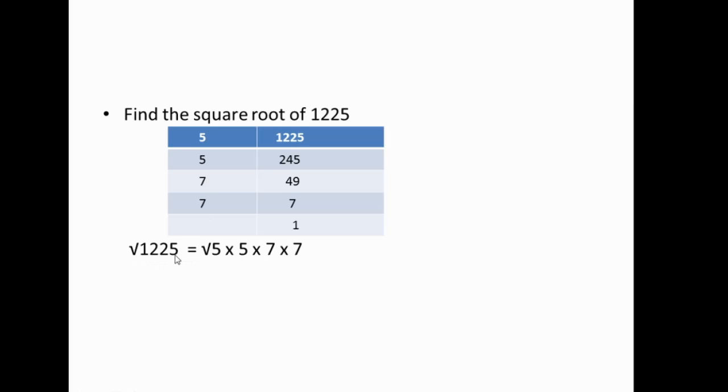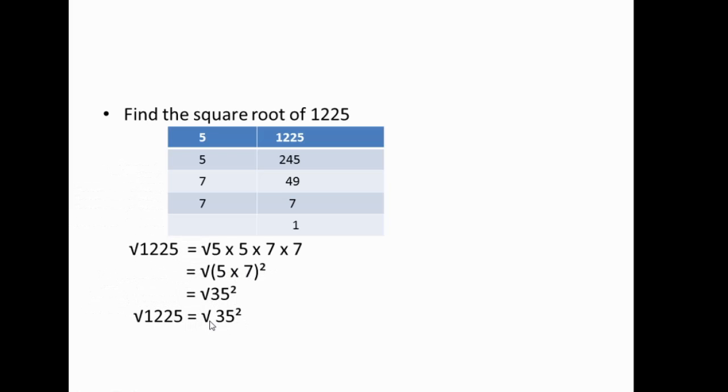The square root of 1225 is equal to the square root of 5 into 5 into 7 into 7. Then by taking a pair of 5, I will take one 5. In the pair of 7, I will take one 7, using this power over here. 5 multiplied by 7 is basically 35. So the square root of 1225 is equal to the square root of 35 square.